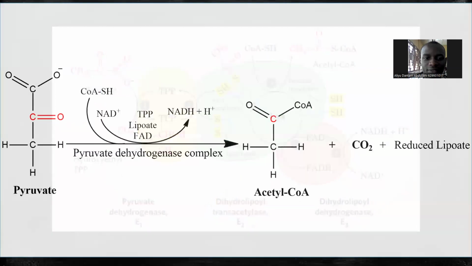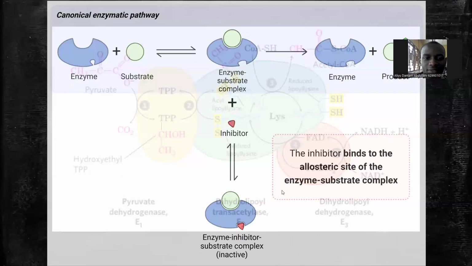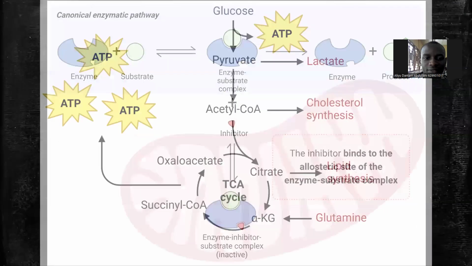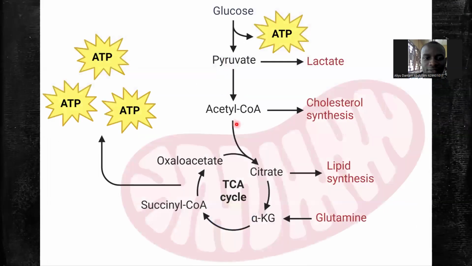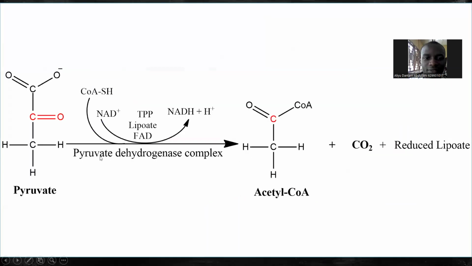Now, the conversion of pyruvate to acetyl-CoA, this reaction here, is important because acetyl-CoA is what enters the citric acid cycle. Pyruvate to acetyl-CoA is catalyzed by an enzyme called pyruvate dehydrogenase complex.